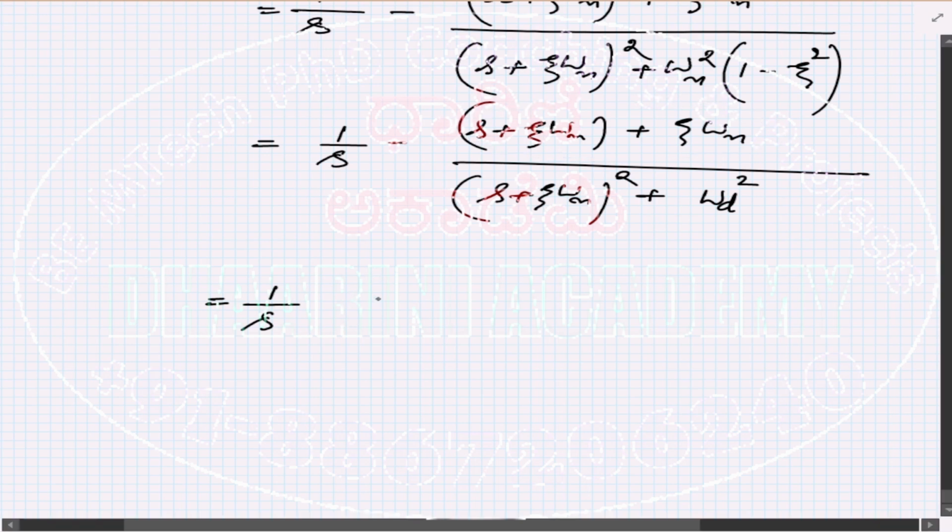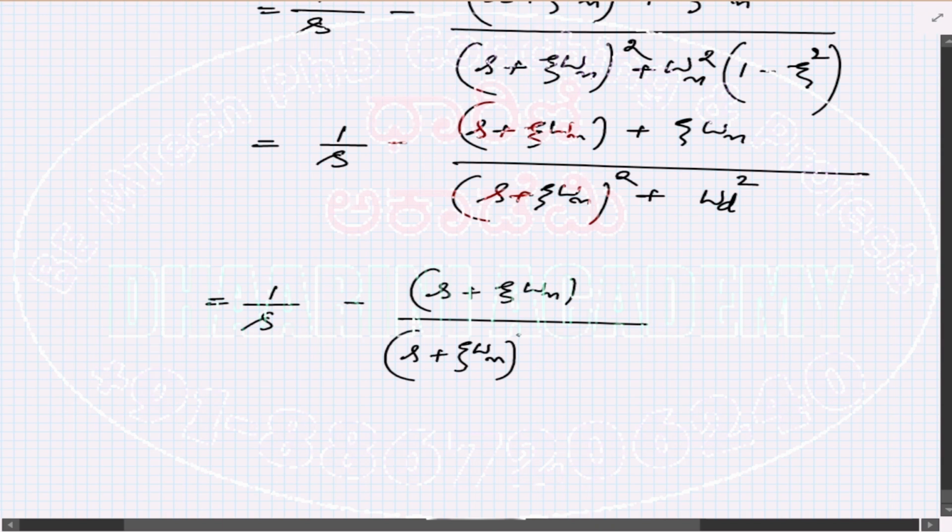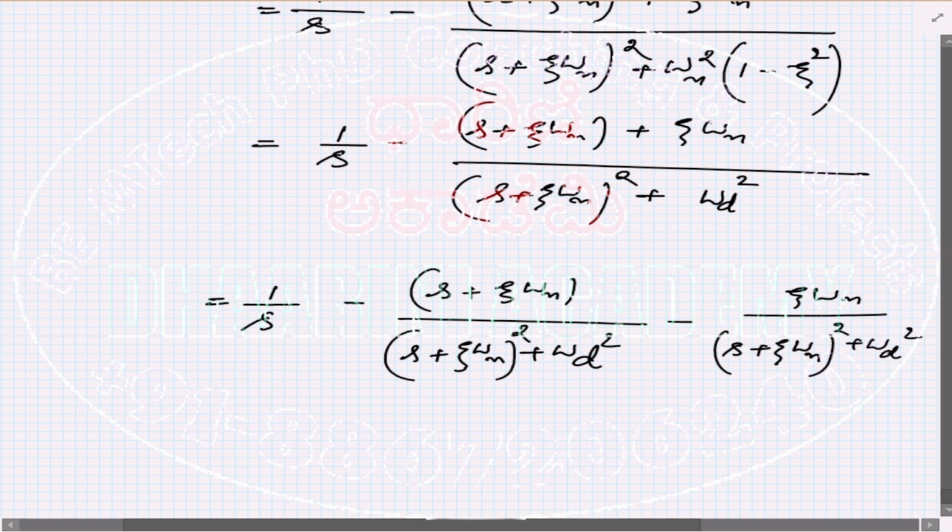The first term is minus s plus zeta omega n, divided by s plus zeta omega n the whole square plus omega d square, and the next term is zeta omega n, divided by s plus zeta omega n the whole square plus omega d square.